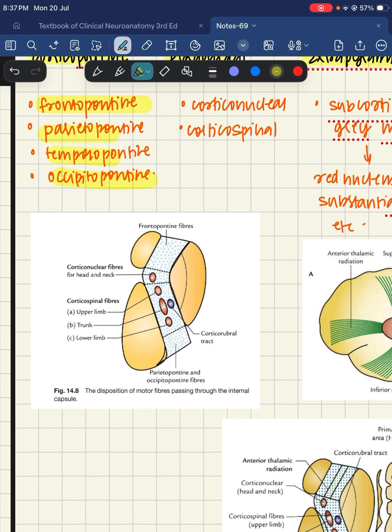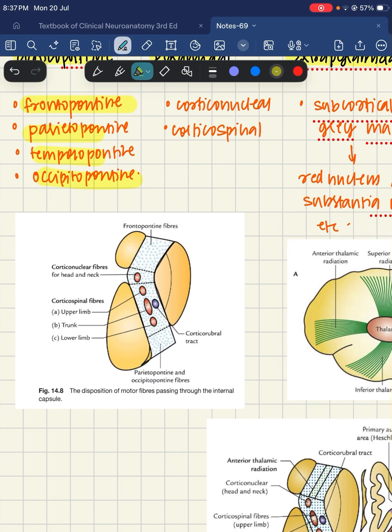If you see this figure over here, the blue parts, the frontopontine part, pass through the anterior limb, genu, as well as the posterior limb. These dots which you see over here are the frontopontine fibers.